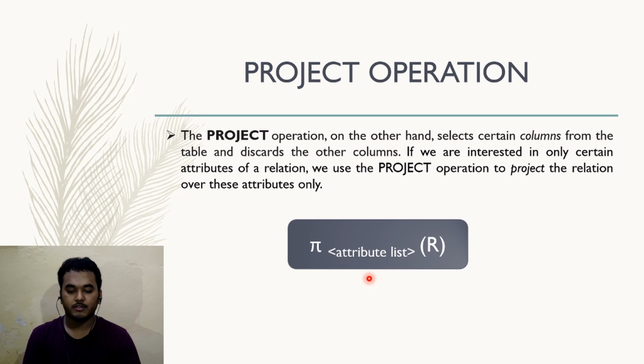The pi represents the project operation, and the attribute list holds those attributes which we want to display to the user. And again, R is either a simple relation from the database or a complex relational algebra expression whose result is itself a relation.